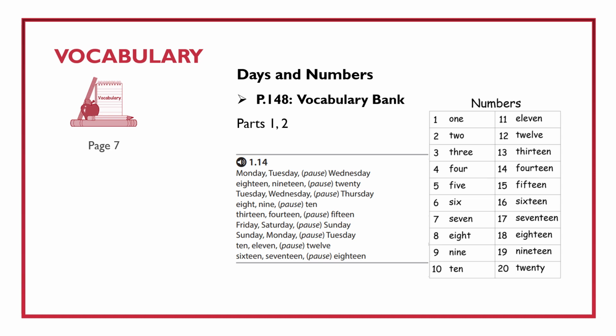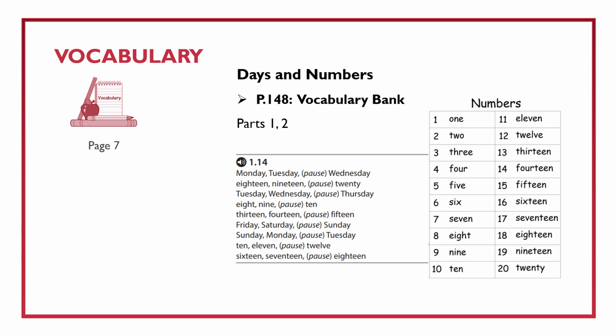And then we have 11, 12, 13, 14, 15, 16, 17, 18, 19, and 20. So as you see, for the numbers 11 to 20, we have more than one syllable words. So for example, when we say 13, the stress should be on teen, the second syllable.